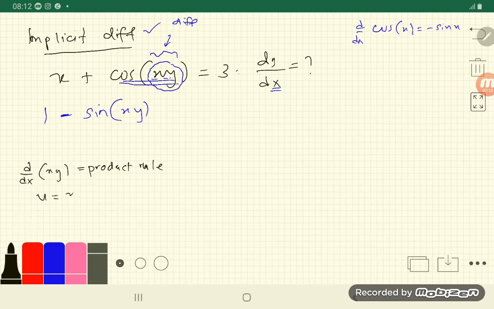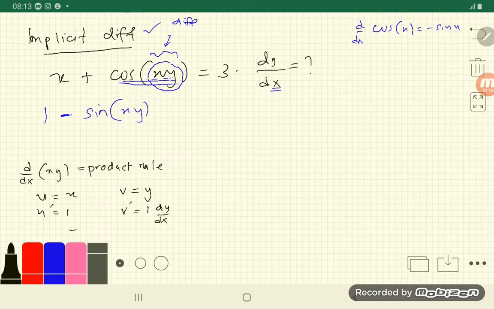So the value of u will be x, and the value of v will be y. So u prime should be 1, and the value of v prime should be dy over dx, because you are differentiating y.